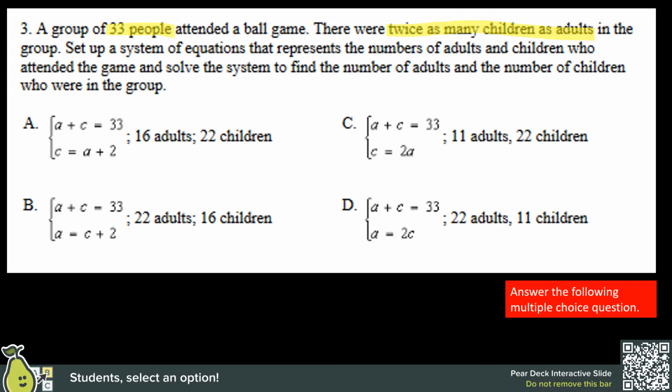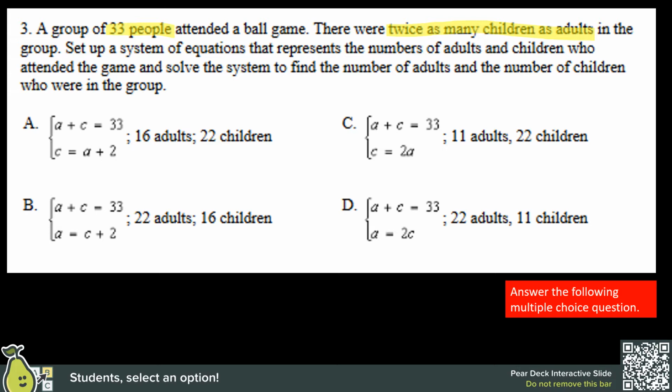Okay, so this one's a little different than other ones that we've seen. Usually they give us money or books and CDs. We've done problems like that. This one is talking about adults and children, and what's interesting is they tell us that twice as many children as adults.